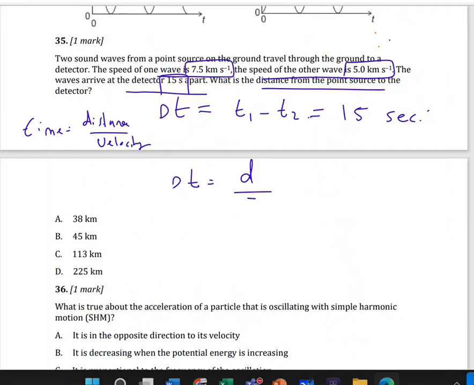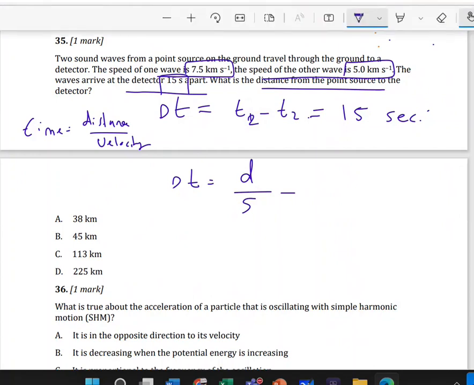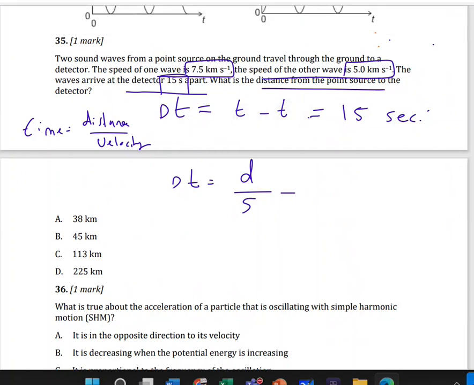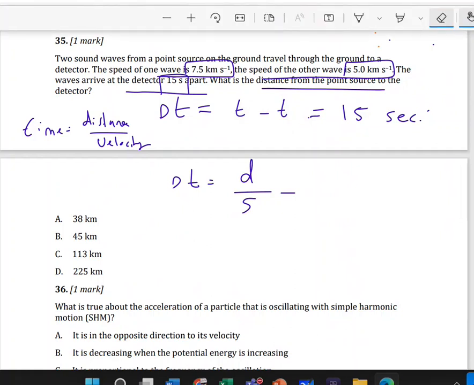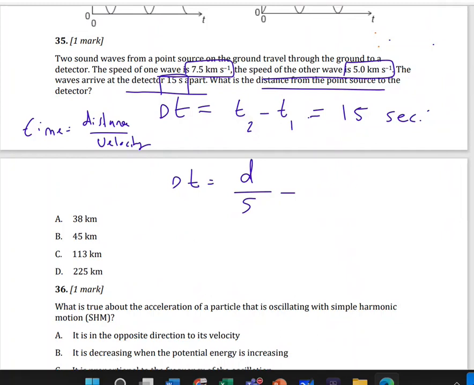The first velocity is 5, the second is 7.5. This is t2 minus t1: d over 5 minus d over 7.5. What will this equal? 15.